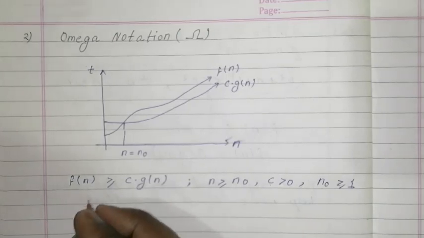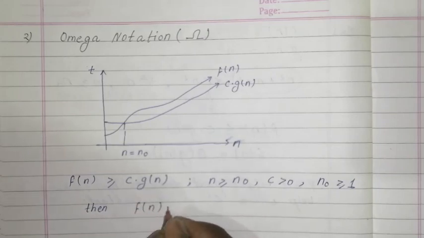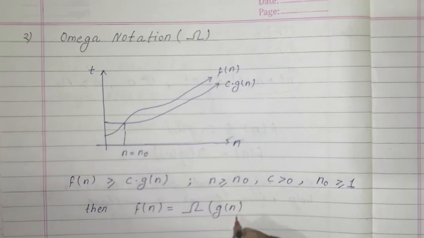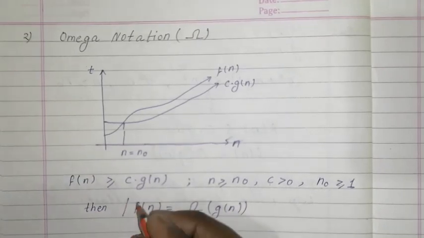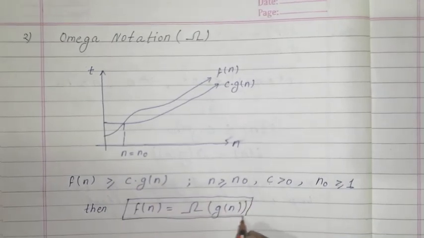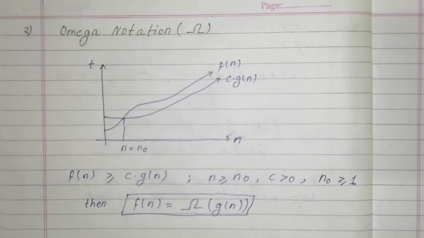From there we can say that f of n is equal to omega of g of n, where f of n and g of n are two positive functions.